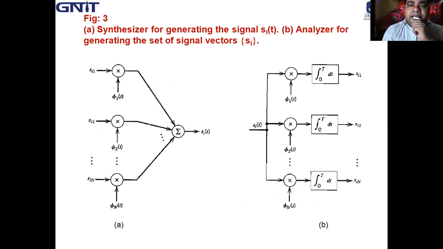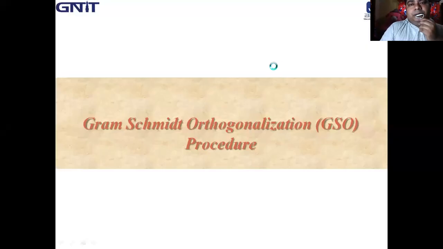Using this, we have proved a very popular theorem in mathematics, the Schwarz inequality, which has tremendous application in communication engineering. One application is found in the matched filter. Up to this we have discussed in the last class.